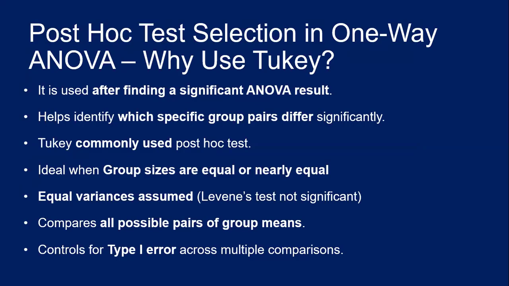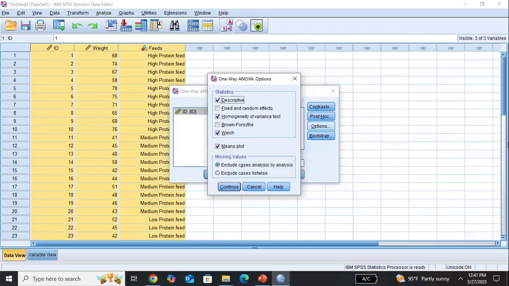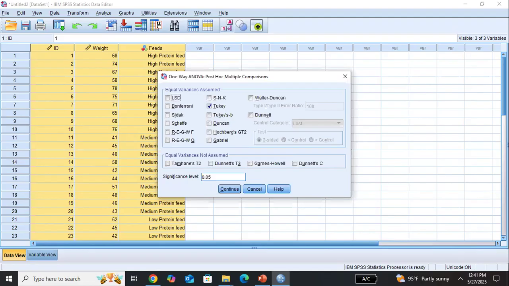It is used after finding a significant ANOVA result. It helps identify which group pairs differ significantly. It is only used when you assume equal variances, and when equal variances are not assumed, certain assumptions have to be met for applying other post hoc tests. But generally speaking, we apply the simple Tukey test, which is not Tukey's B test. We are applying Tukey's test. Okay.